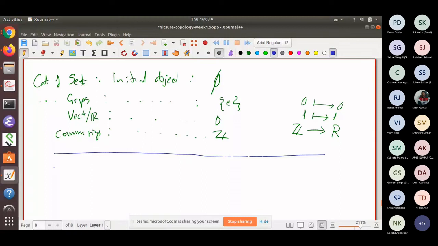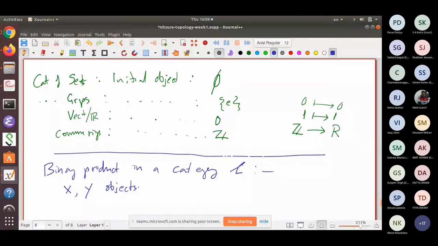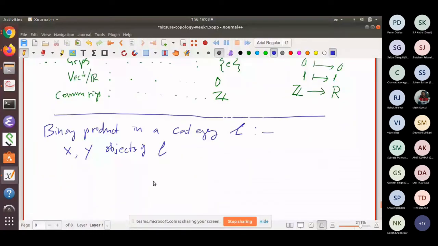Now I'm going to define binary product in a category C. X and Y are two objects. It could be the same object taken twice. And then a binary product is a triple.